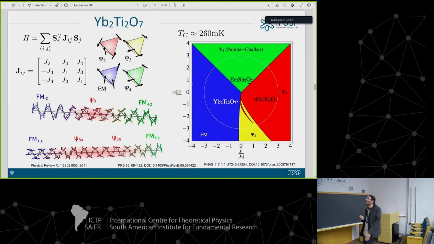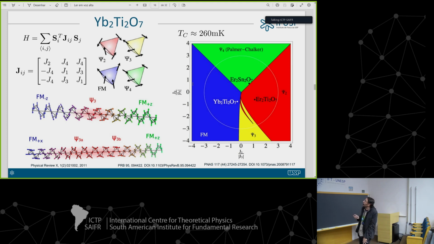That's a planar exchange. J2 is the uniaxial Ising coupling along the 1-1-1 direction. And then you have J3, which is the symmetric off-diagonal term, and J4, the antisymmetric Dzyaloshinskii-Moriya type of interaction.